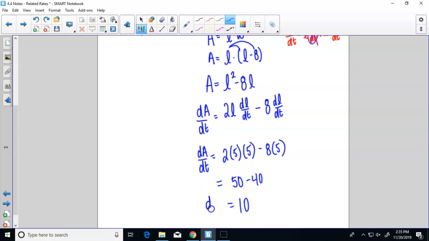That is our dA/dt when L equals 5. Now, I do need to use units for this.